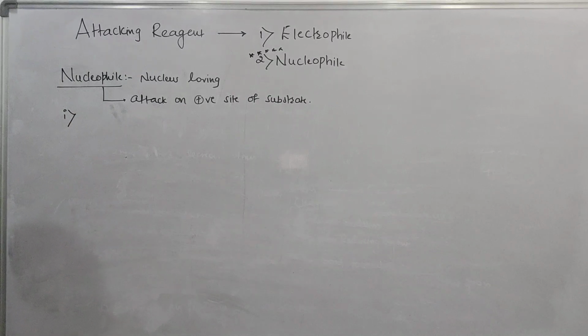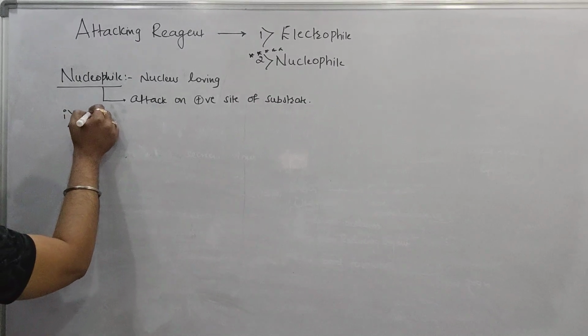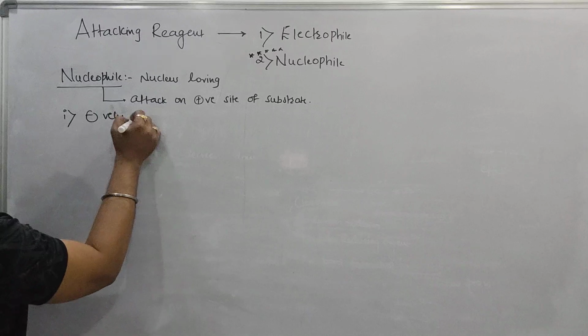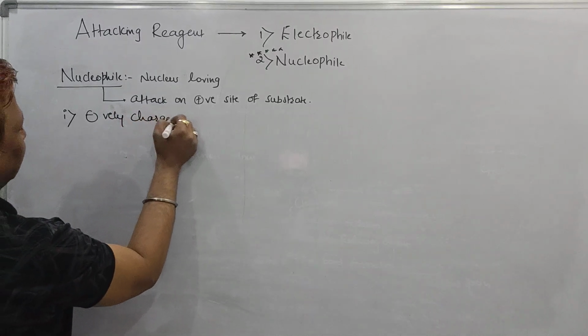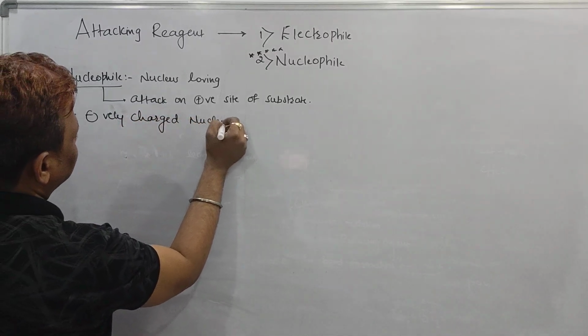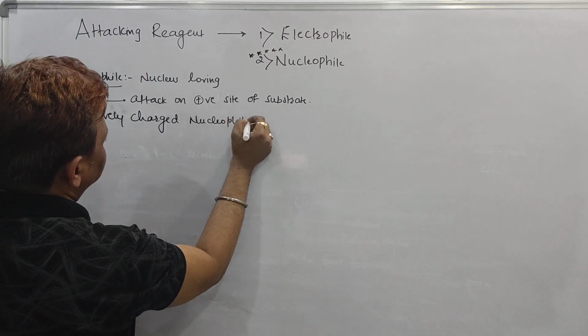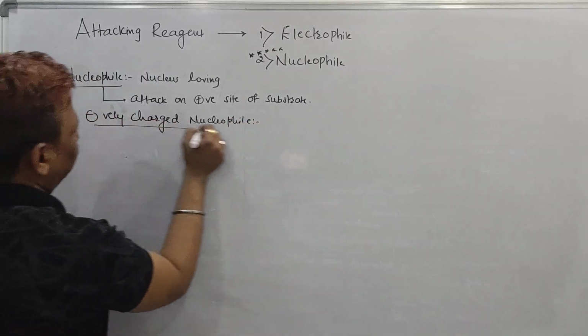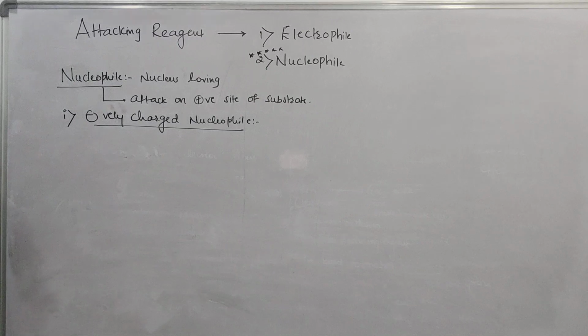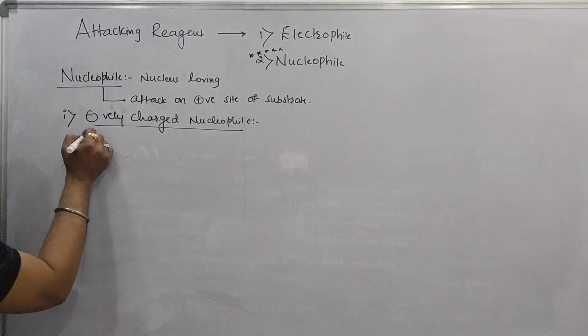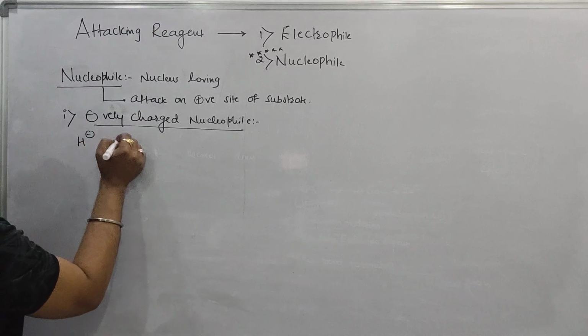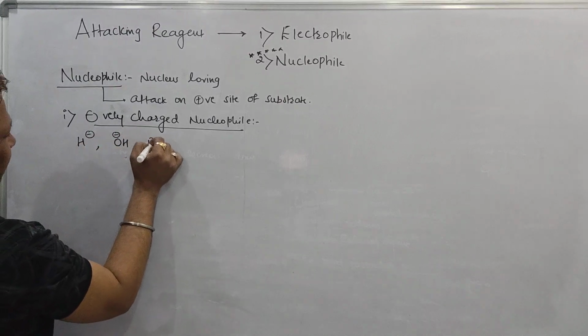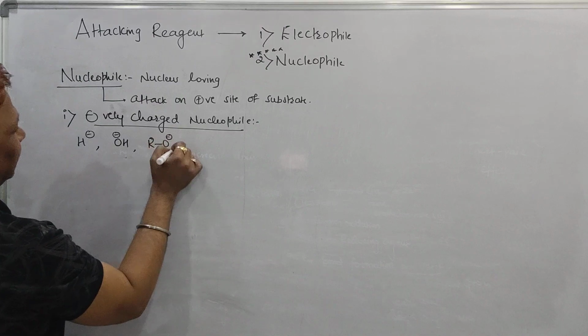Nucleophiles, first the negatively charged nucleophiles. Negatively charged nucleophile means there is an excess of electrons, with a negative charge over it. Let us say, beta, H negative, the hydride ion, the OH minus ion. The alkoxide ion, RO negative, where O bears a negative charge.